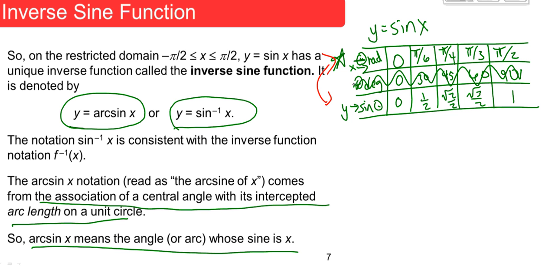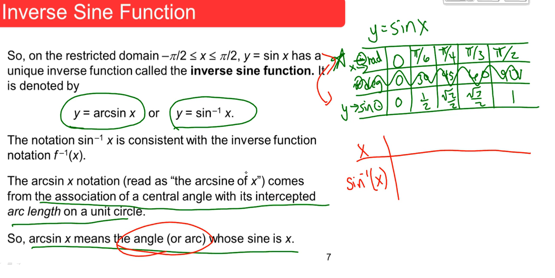And so now we're going to have x and the arc sine of x, so the inverse sine of x. So these are really the angle or the arc. That's what we want to remember as we go. We're going to do that backwards as well.